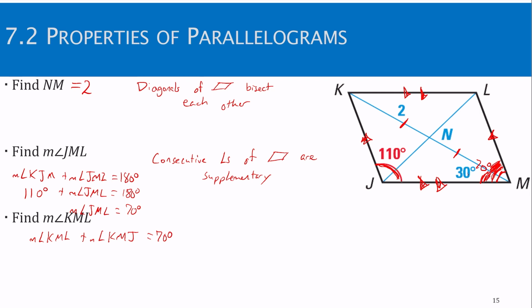Small angle plus small angle equals big angle is the angle addition postulate from chapter 1. KMJ is 30 degrees. So the measure of angle KML is 40 degrees.